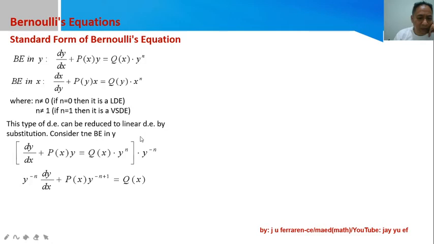If you multiply by y to the power n, then the power of your y on the Q of x function becomes 0, as if your y will no longer exist there. Now distribute, but the y to the power of minus n can now be present in the first term and in the second term. The first term is y to the power of minus n dy dx. The second term has the P of x.